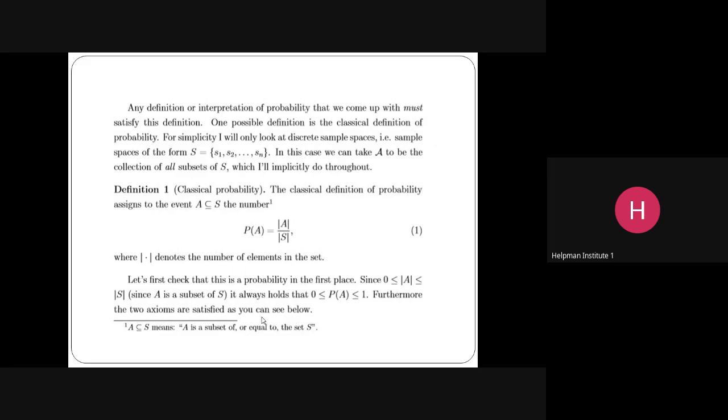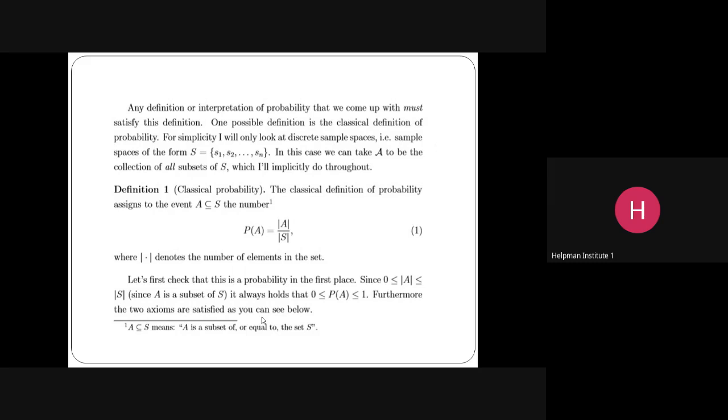By discrete, we mean something that is not continuous, something countable. In this case, we can take an event A to be the collection of all subsets of S, which we will do implicitly throughout. Now, the first definition we'll look at is the classical probability definition.